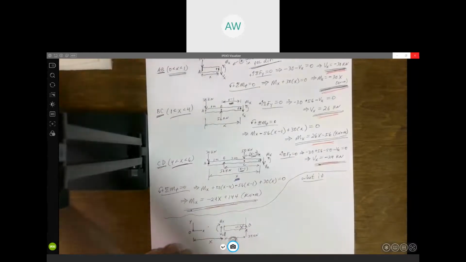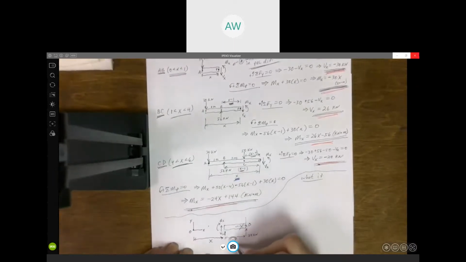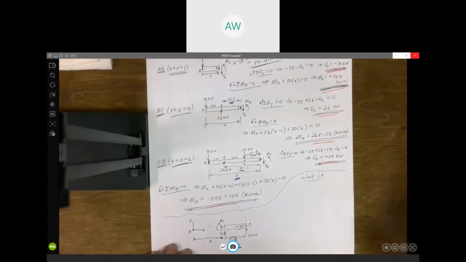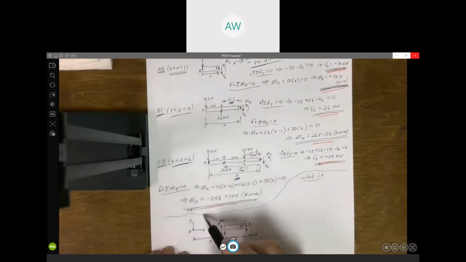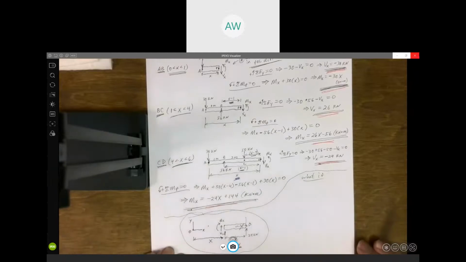This distance is not x, it would be 6 minus x. Right? So if you do this, that would give you the same equation. You're using the same coordinate system, and you're going to get the same equation.